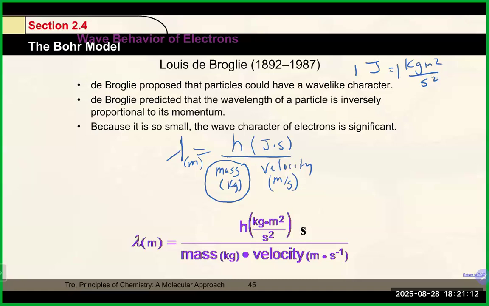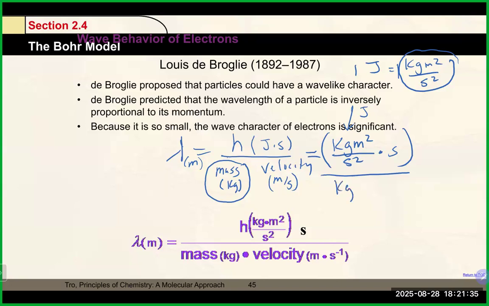So that is the relationship we're actually using here. If you substitute that in for the joule, we end up with kilograms meter squared per second squared times seconds. And that essentially is Planck's constant's units, as this right here is basically a joule, divided by kilograms and divided by meters per second.